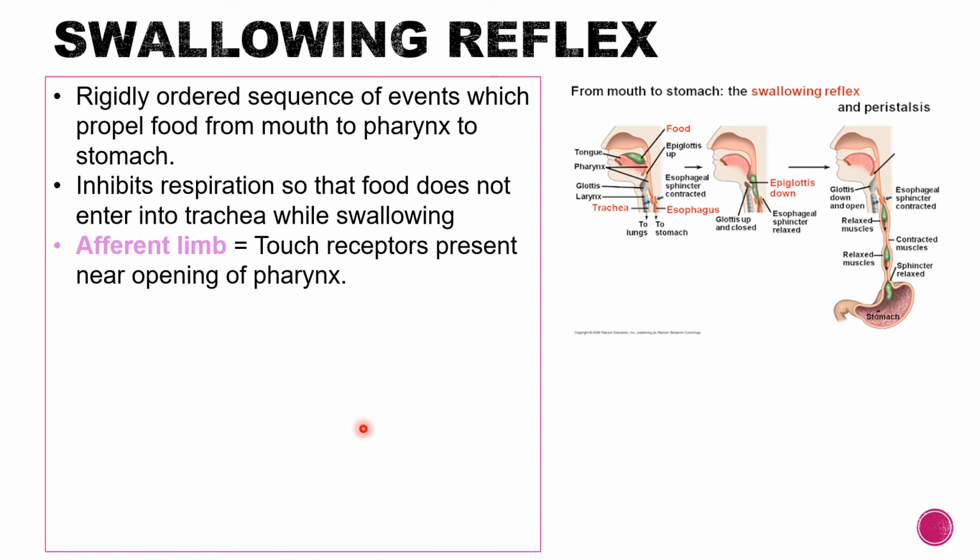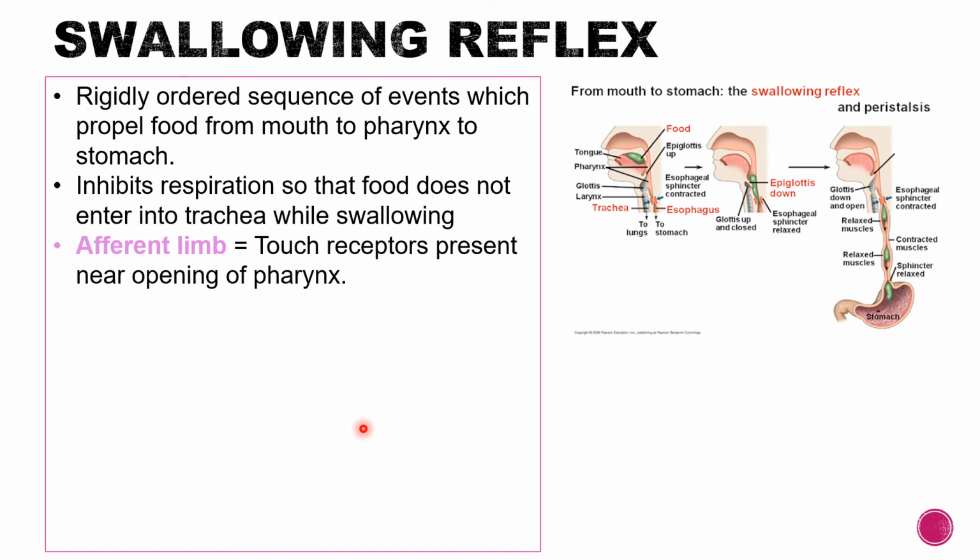When food enters the mouth, we voluntarily initiate swallowing. As the food goes from the mouth to the esophagus and stimulates the touch receptors present near the opening of the pharynx, the swallowing reflex is started.